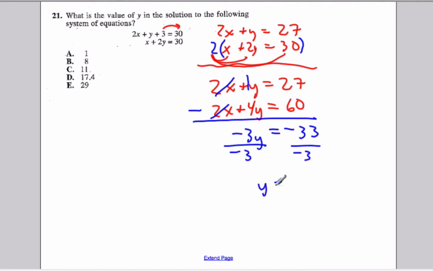So y is equal to 11. So my answer is C. This would be the addition or subtraction property for solving systems of equations. Either one will work. It depends on what you see first or what you find to be the easiest.